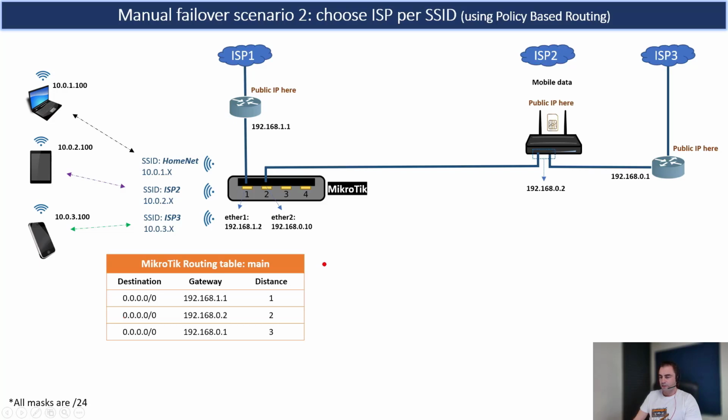What's the idea? So again, I can easily change the ISP for all the devices which are connected to the home net SSID. But in order to do this, first of all, I have to be able to connect to the MikroTik device from somewhere.